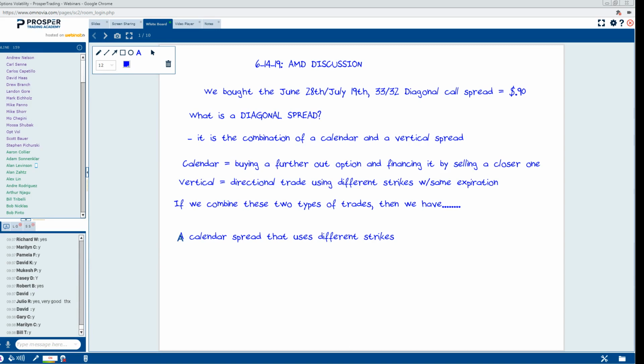Now we have to get into why we would use a diagonal spread, but that is the nuts and bolts of what a diagonal spread is. Okay, so is everybody following along? Because I don't want to move on to the next step without everyone understanding this one.